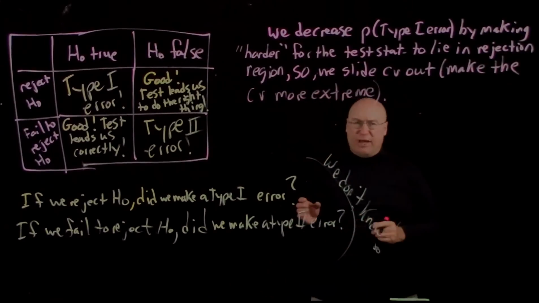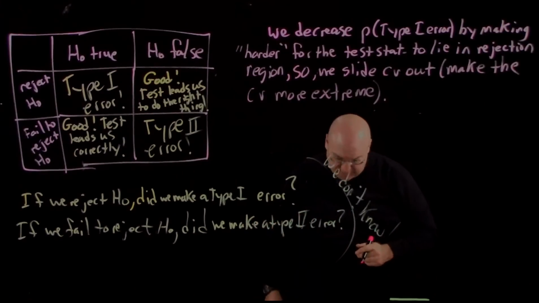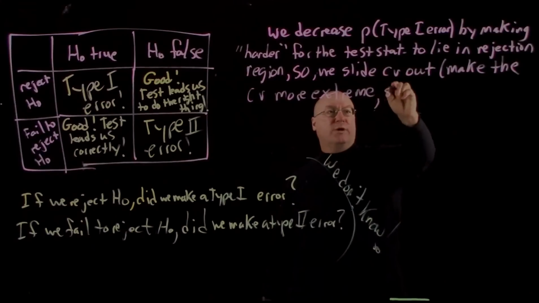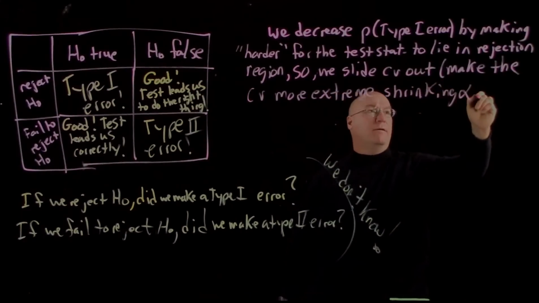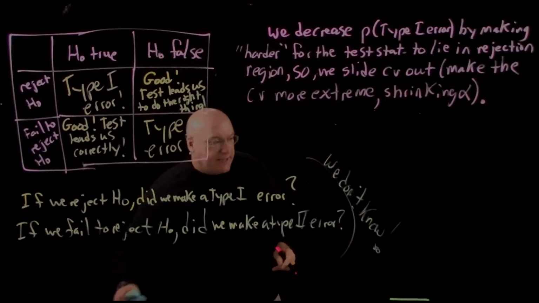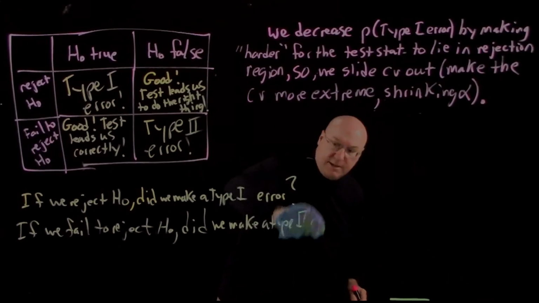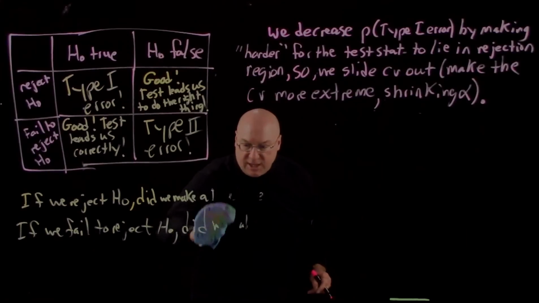But if I make that critical value more extreme, I have shrunk alpha. So, shrinking alpha. Okay, so that makes sense, doesn't it? If I slide that way out, I make it harder for the test statistic to lie in there.